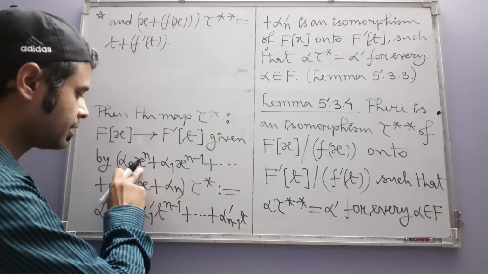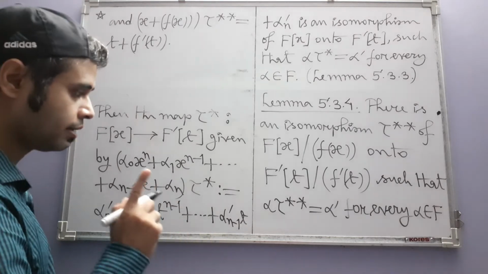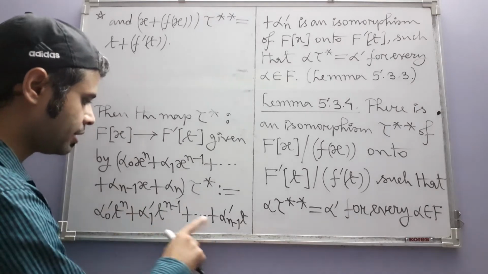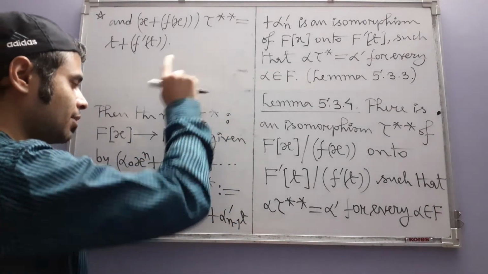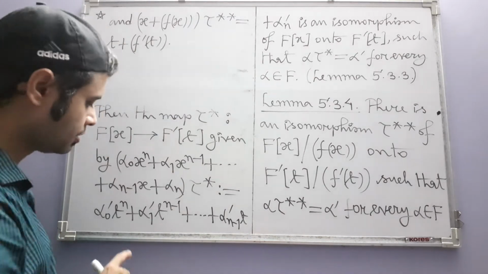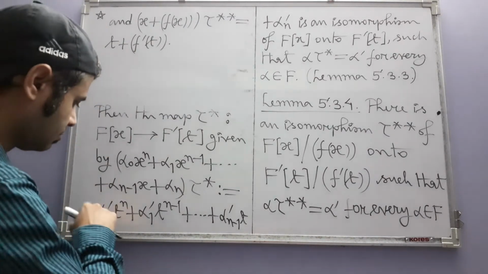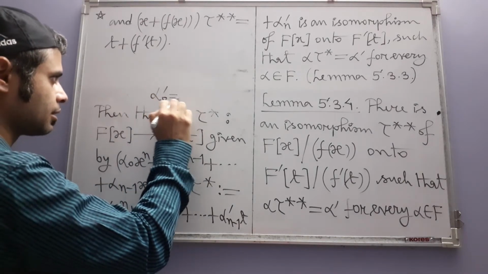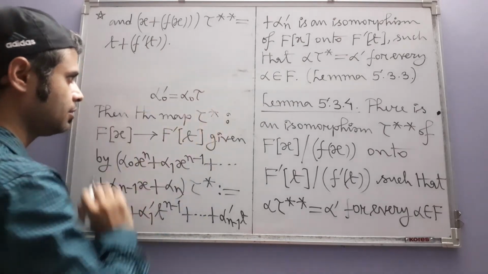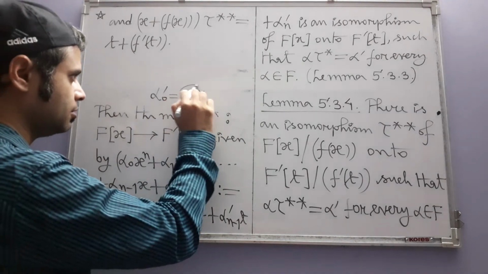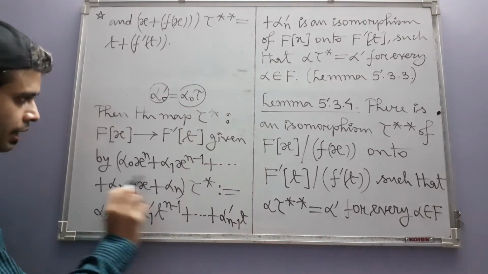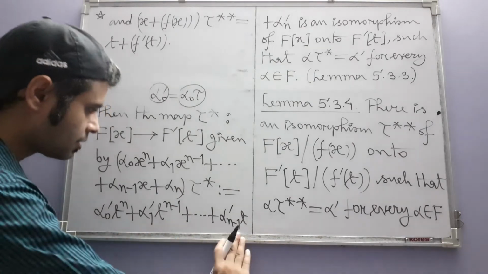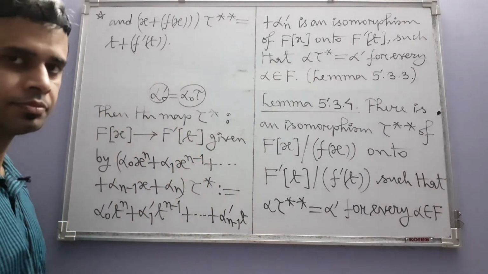Previous indeterminate was x, now in place of x you have t, and the coefficients themselves are being replaced with their images under that first function tau. So according to these primes, its definition, for example, alpha naught prime is nothing but the image of alpha naught under tau. So that's why these things are elements in this isomorphic field f prime. So this becomes a polynomial in f prime[t].